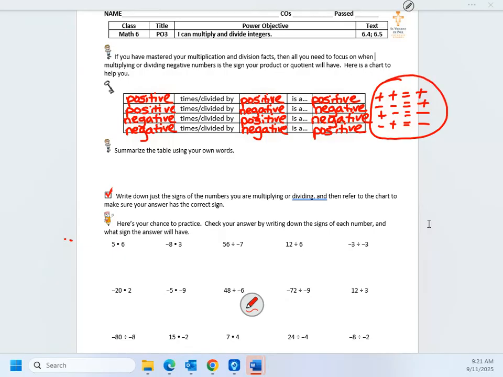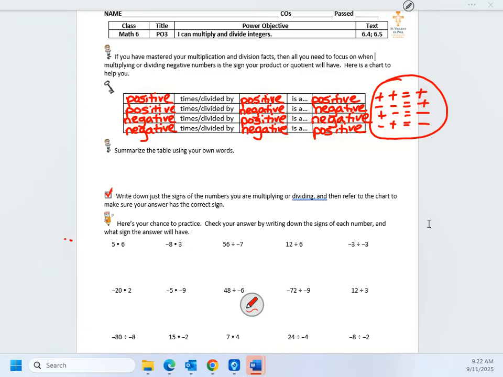I like to put what's going to give me my positive answers on top, what's going to give me my negative answers on the bottom. Just a little reminder. It's a positive times a positive, your answer is positive. Negative times a negative, same signs, your answer will be positive. And if we have different signs, positive times negative, negative times positive, your answer will always be negative. Okay?